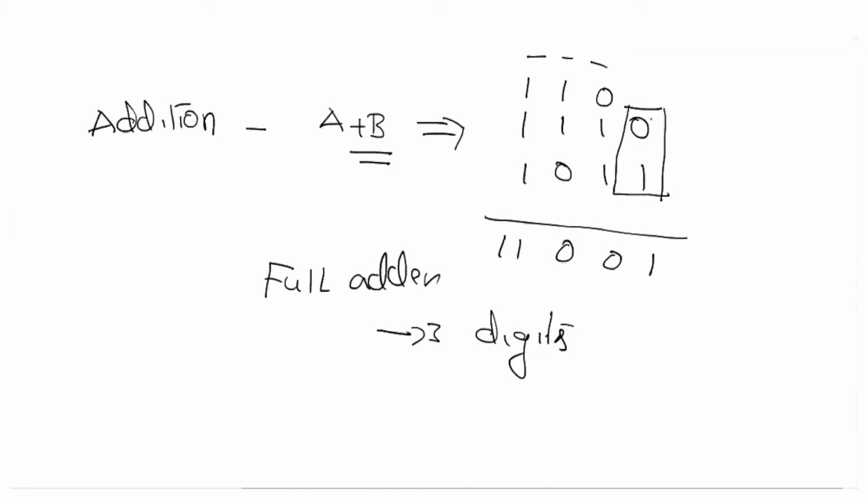Only for the first stage, we do not have a carry, but all the rest of the stages require 3-digit addition, right? Now try to understand. In order to perform a 4-bit addition, I do require 1 half adder and 3 full adders, right? So that is how we are going to perform addition, and we are going to design an addition unit.